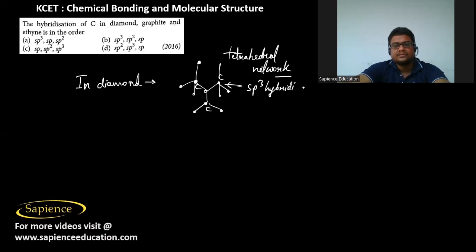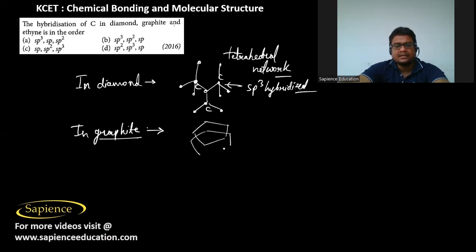And in graphite, lots of layers of carbon atoms are formed, and these layers are linked with each other through very weak van der Waal forces.